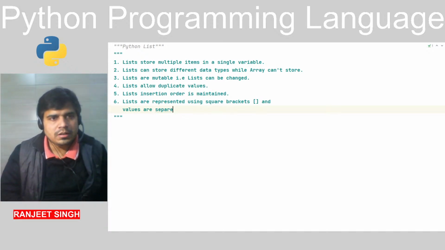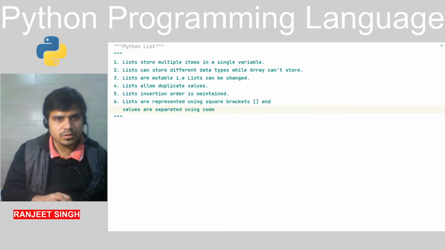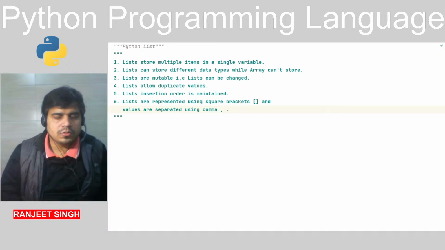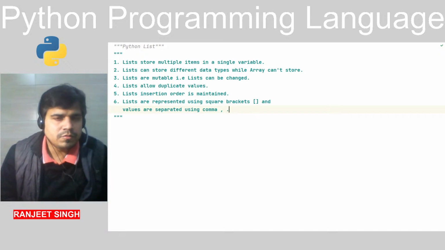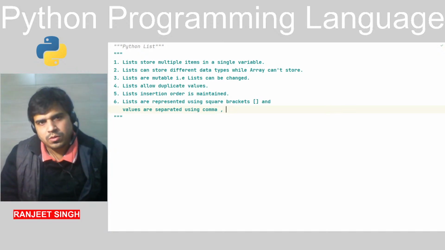So basically a list can be represented using square brackets, and values are separated using comma, like this.